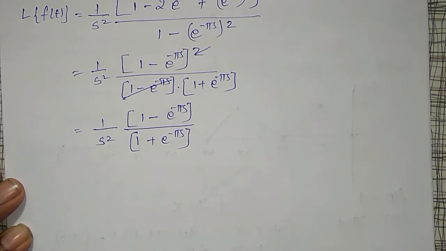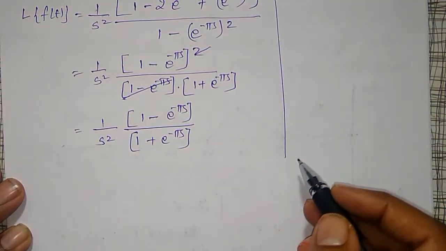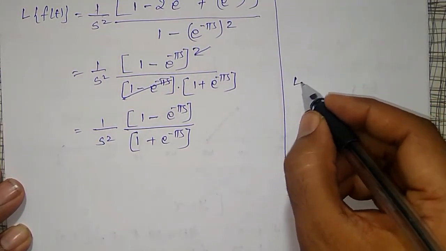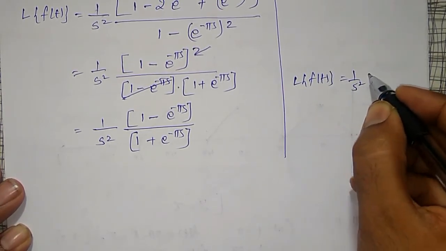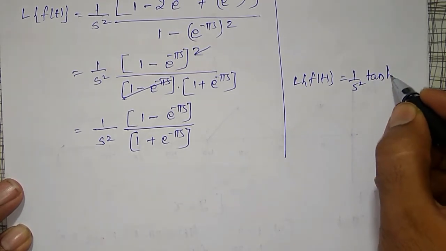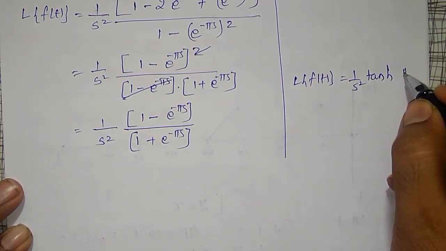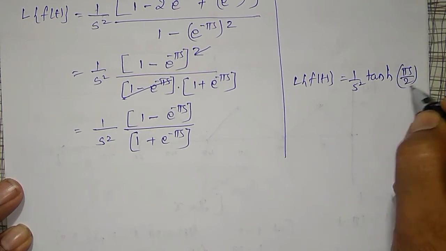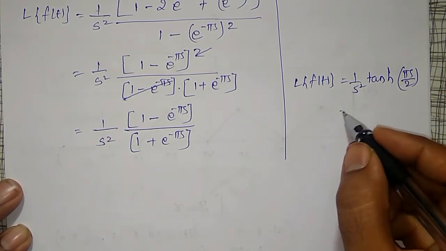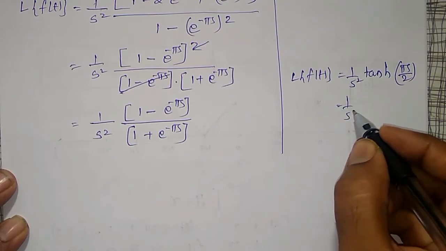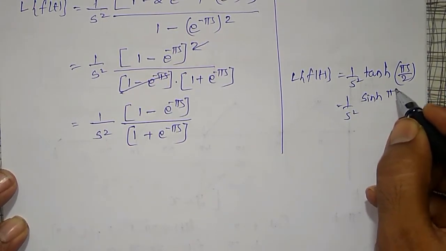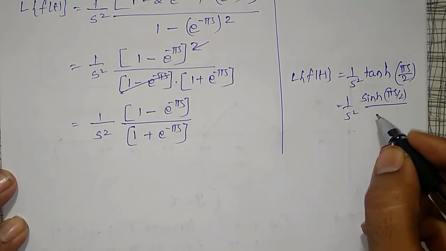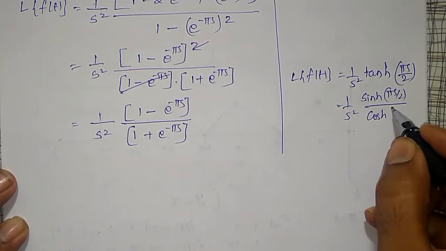You can stop here, but they have told us to prove that the Laplace transform of f of t is equal to 1 by s square into tan hyperbolic pi s divided by 2. I have to prove that, but tan hyperbolic I can write as sine hyperbolic pi s by 2 divided by cos hyperbolic pi s by 2.